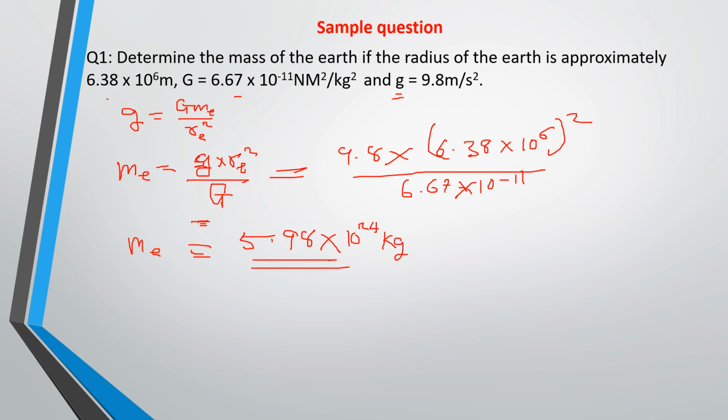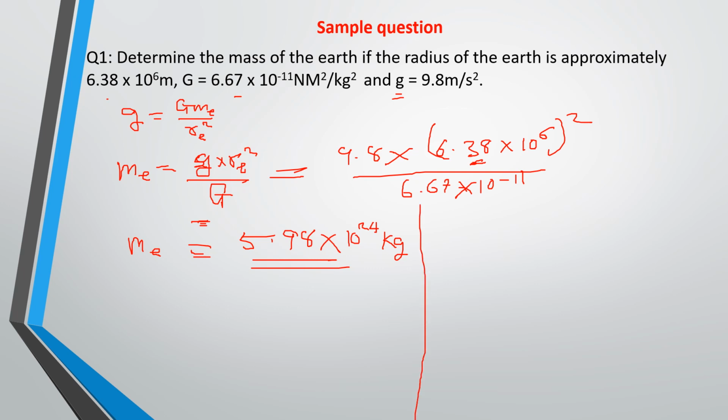Okay, now for you to make this calculation easy, you can actually break this part out. You can break it down so that it will be easy for you to solve, because sometimes you find it difficult to punch this out in a calculator. So let me just show you the breakdown.